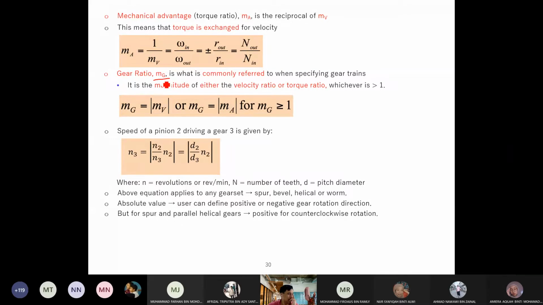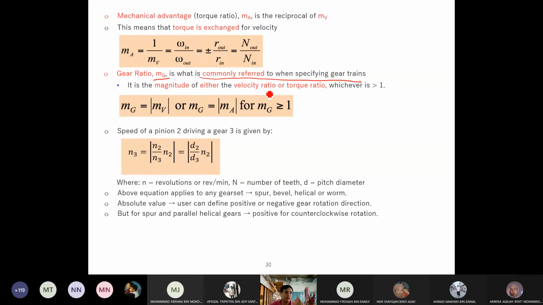Actually, basically the same. Biasanya kita kena guna m_G because it refers to the gear when specifying gear trains. So m ni is a ratio. Tak kisahlah ratio in terms of speed or in terms of gear, but dia ada relationship kat situ.